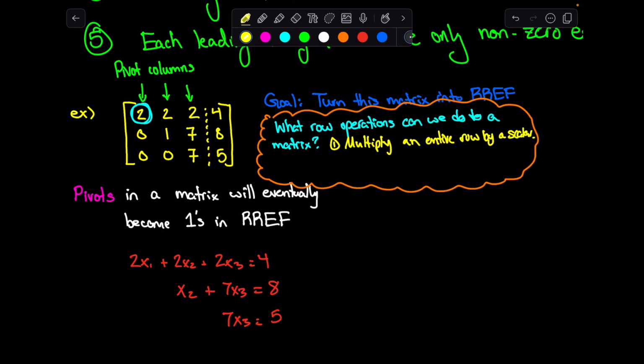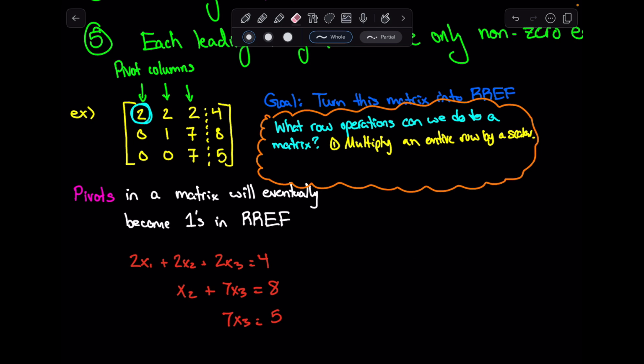Okay, so that means if I decide to multiply the top row by a half or by 10 or whatever, it's not going to change the solution to this system. And, case in point, if I have x equals 2 and I multiply both of these sides by 10, I'd get 10x equals 20. The solution is still x equals 2. Just by multiplying by 10, I haven't changed anything. It looks different, but it's still going to give you the same answer, so that checks out.